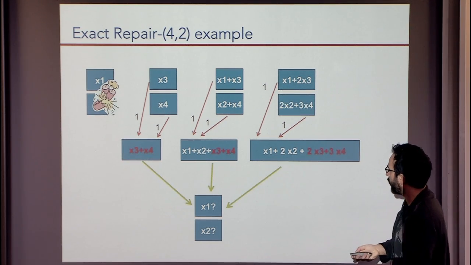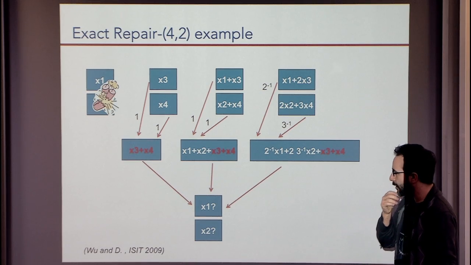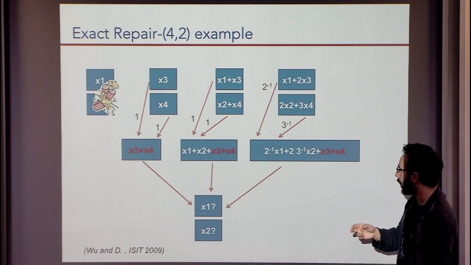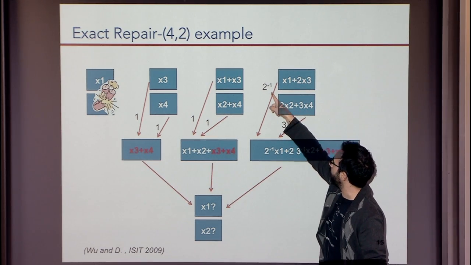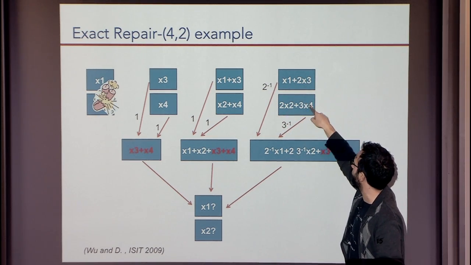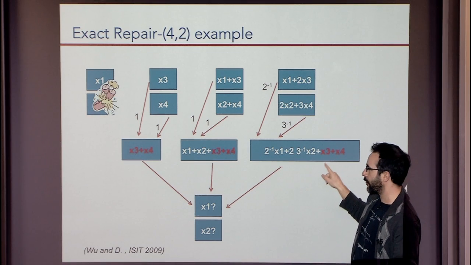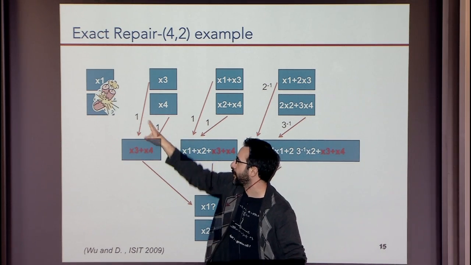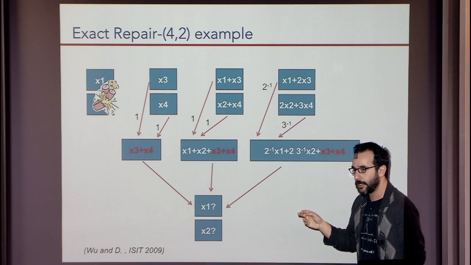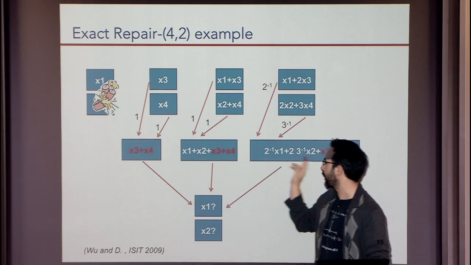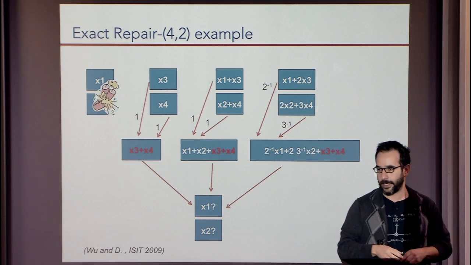equation to cancel out the undesired stuff in the other 2, and this guy would be very happy. He would be able to solve for the things he wants. And the way that we did it, so we realized this in 2009 with Yunan Wu, is that if we choose this coefficient to be the inverse of this and this coefficient to be the inverse of this, we have aligned the interference to this one, and then here we can set it to be whatever we want, so that you can use this linear equation to cancel out these 2 and recover the desired symbol.